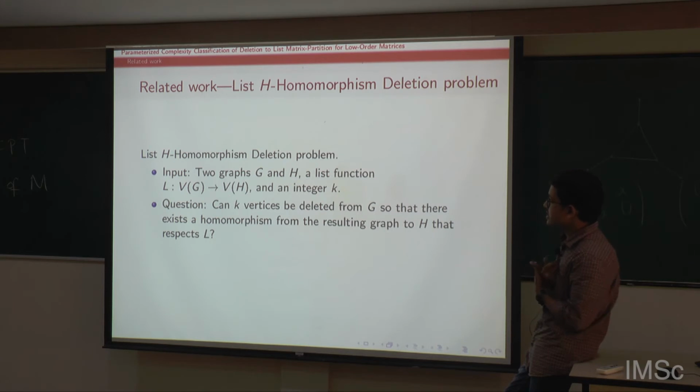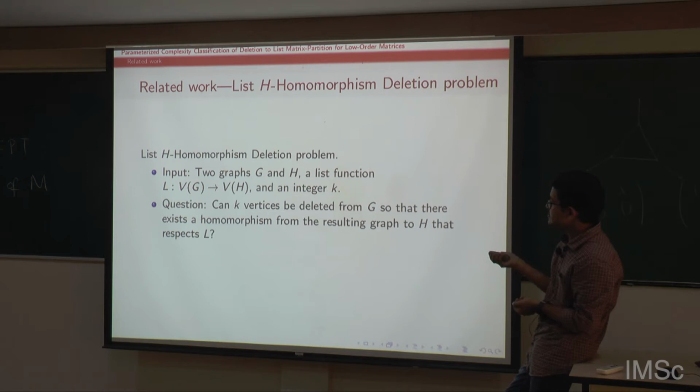So what is list H homomorphism deletion? Well, the list H homomorphism recognition problem would be, we are given two graphs G and H, and a list function, and the problem is, is there a homomorphism from G to H? In the deletion problem, we also have an additional input, an integer k, and the problem is, can you delete k vertices from G so that there is a homomorphism from the remaining graph to H that respects the list L, of course.